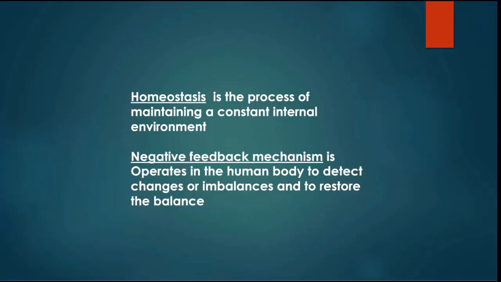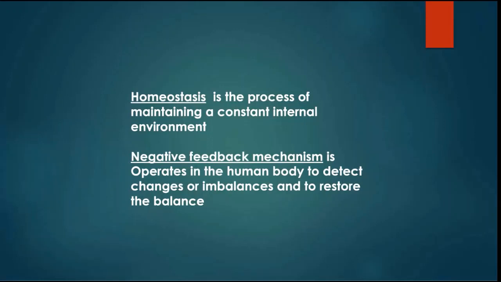For example, let's look at the water level in your body. If your body only needs 7 liters, I'm just making an example, the homeostatic level of water should be 7 liters, and the water goes above the 7 liters, perhaps 8 liters.